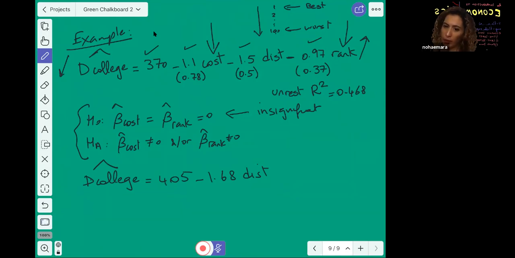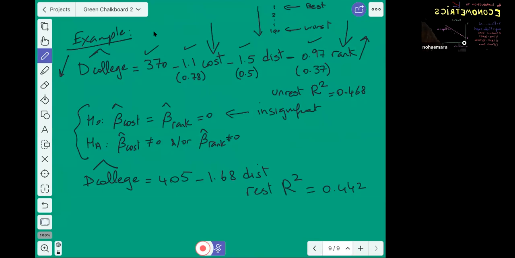I have the data for the demand for college, I regressed the data set, and I got these numbers. So these numbers are based on Stata output. And I get the R square of this model, 0.442. This one is called the restricted R square because it's coming from the restricted model.